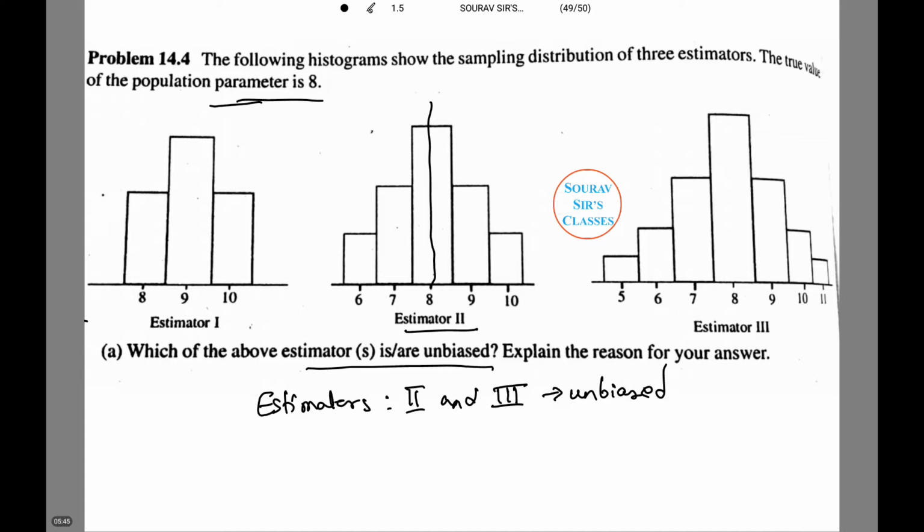Notice the population parameter mu is equal to 8. Even for the third one, it is clustered around the central value. Also note that estimator 2 has a smaller variability compared to estimator 3.